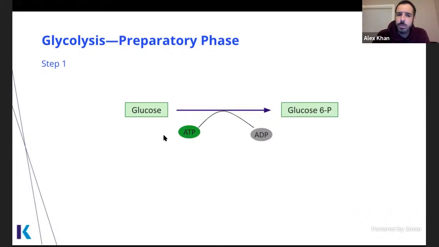First thing we need to do is phosphorylate the glucose molecule. We use ATP for this because ATP is what's going to be providing that phosphate. Fortunately, glucose doesn't just get phosphorylated on its own. We need the help of a special enzyme called hexokinase.